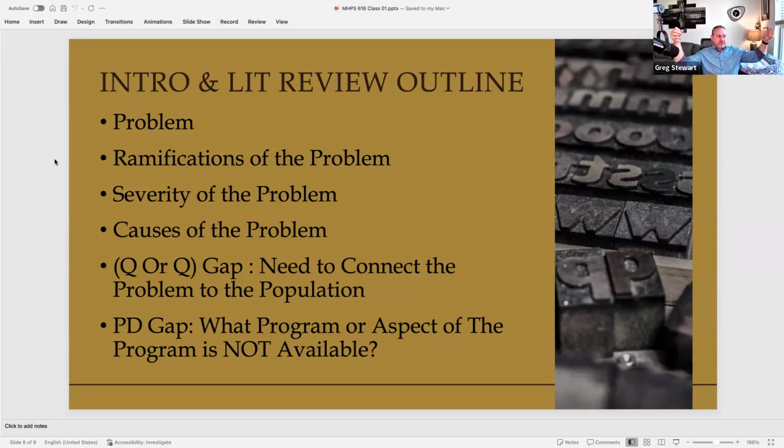Here's the problem. Subheading 2, the ramifications of the problem. Section 3 is what has been done to address the problem. Section 4 is what hasn't been addressed, or what needs to be addressed.